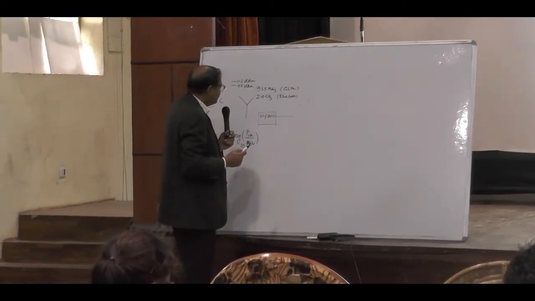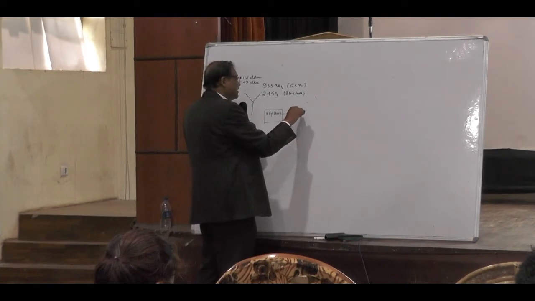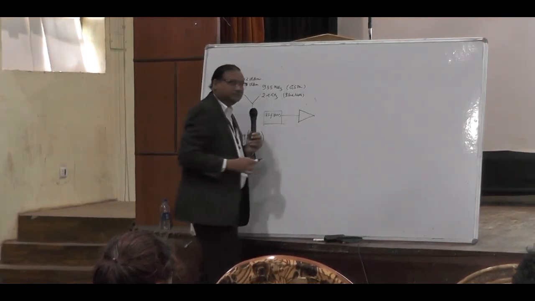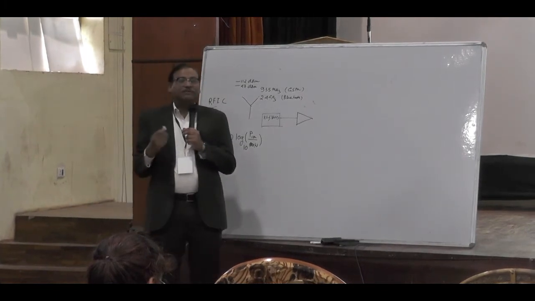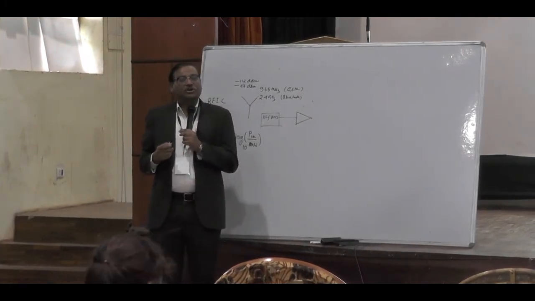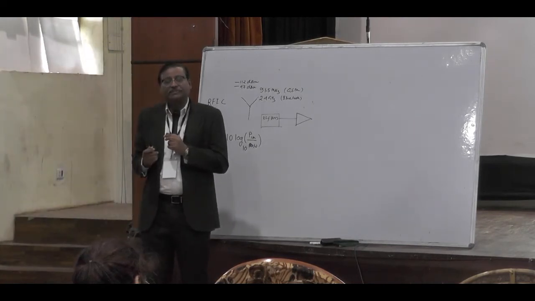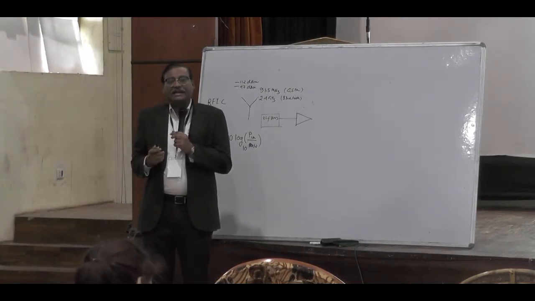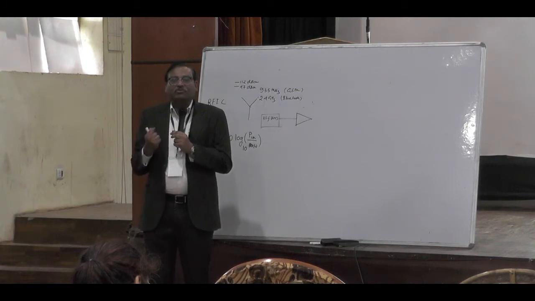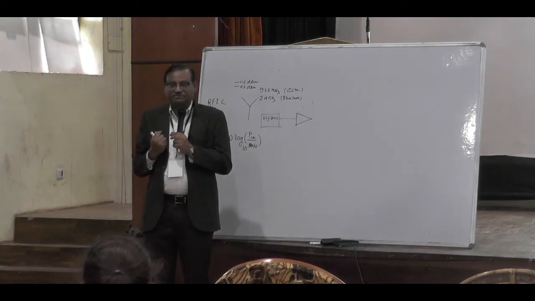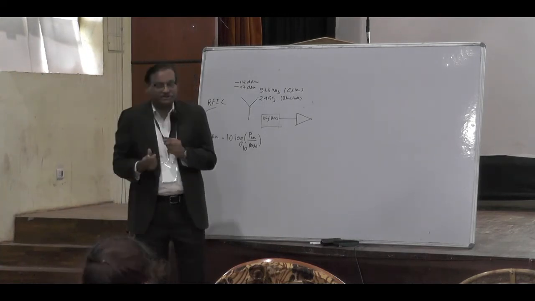Once it goes there, then you definitely need an amplifier. And what kind of amplifier will be suitable for RF applications? It's a high frequency amplifier, and it also has to combat the noise already inside the signal or within the system. There are two kinds of noise that are important.